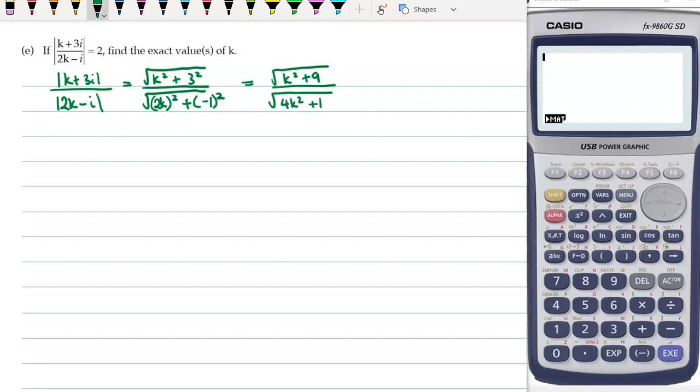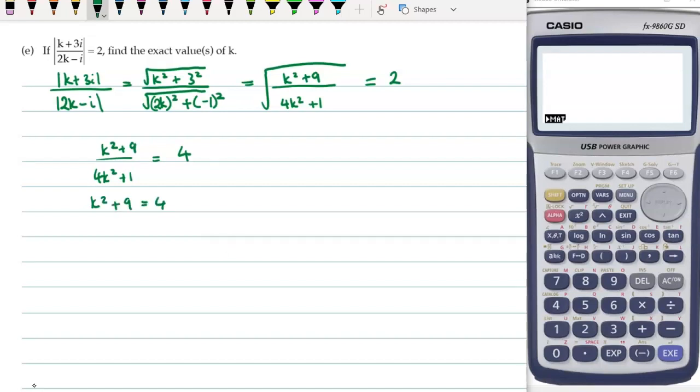Now, if we've got a square root on the top and the bottom, that's the same as if we were to say the square root of the whole thing. That's equal to 2. So then k squared plus 9 over 4k squared plus 1 will be equal to 4 if we square both sides.